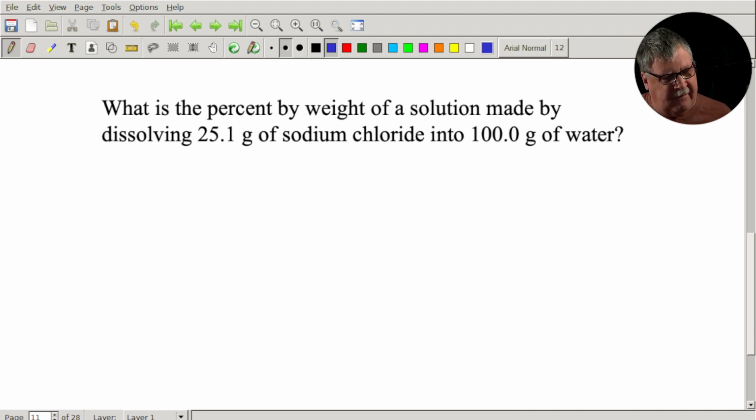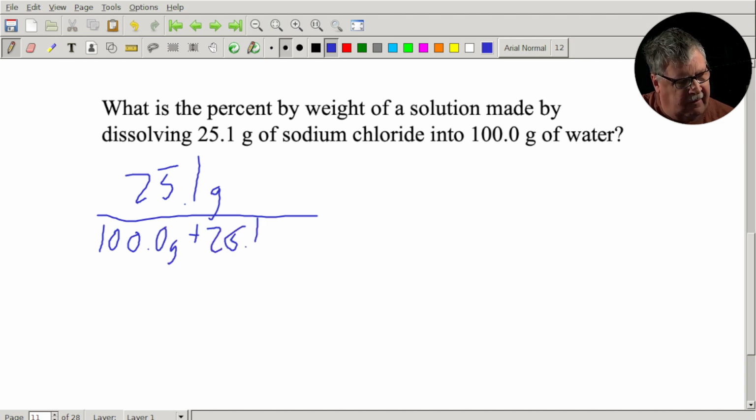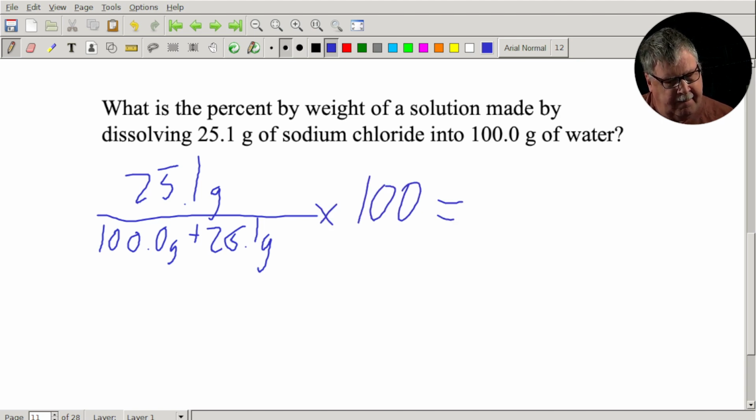Here's a similar sort of thing. If we dissolve 25.1 grams of sodium chloride into 100 grams of water, to get our percentage, we're going to take 25.1 grams and divide it by the sum of the two, which is 100 grams of water plus 25.1 grams of sodium chloride, and then multiply that by 100.